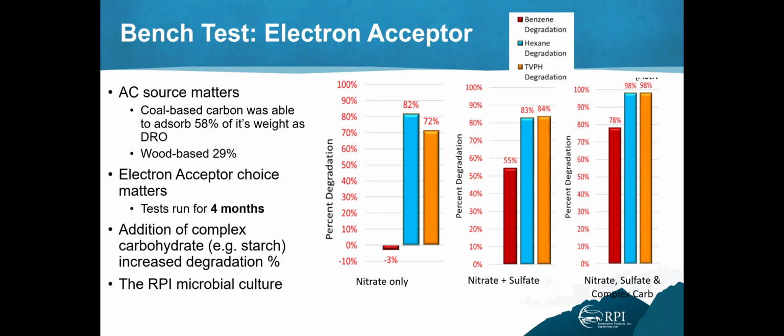You see that benzene degradation doesn't occur. A minus 3% is the kind of error you might see in these measurements. It doesn't mean anything. You see that hexane degradation is 82%, and total volatile petroleum hydrocarbons is 72% degraded.